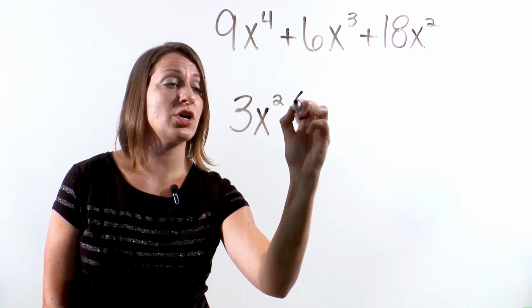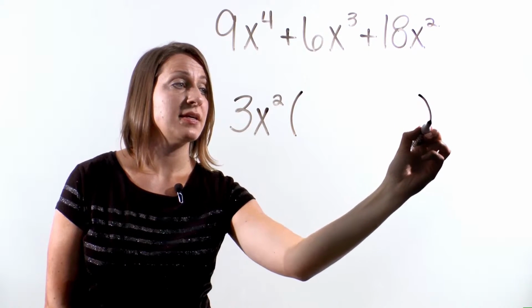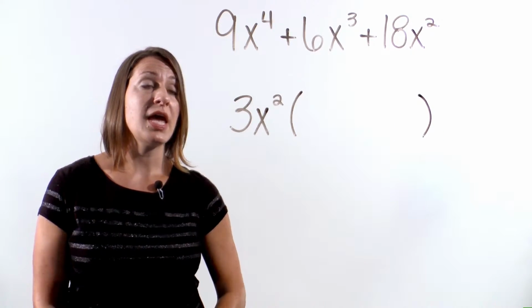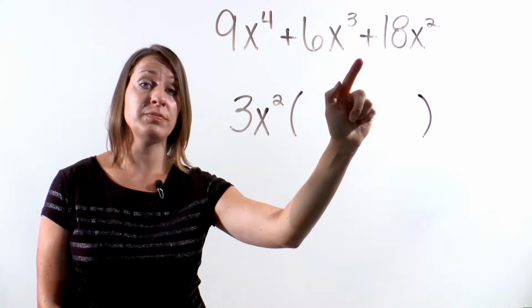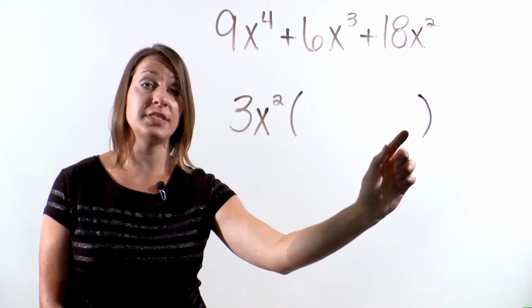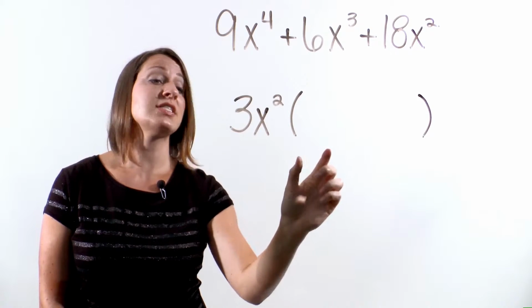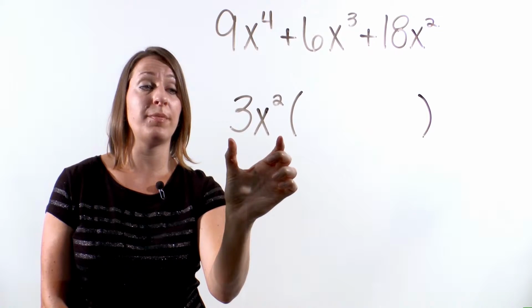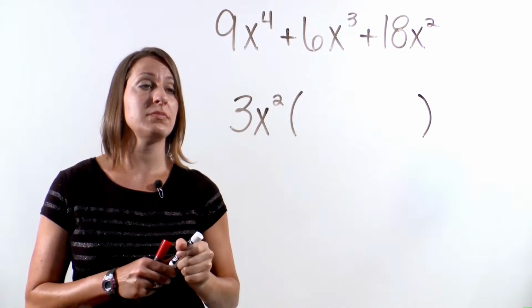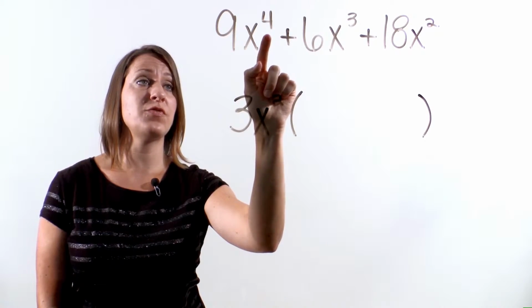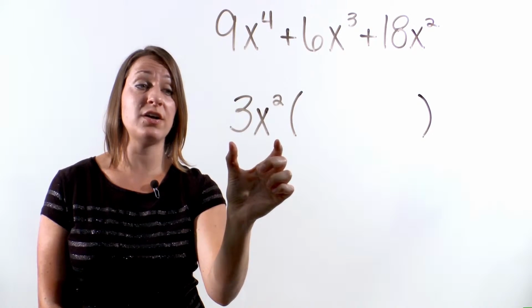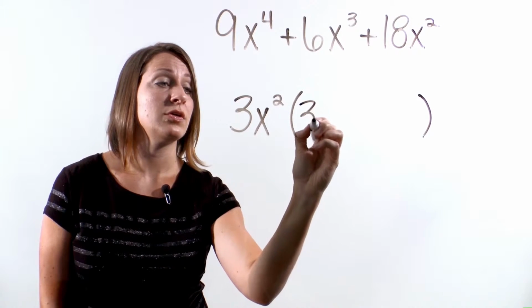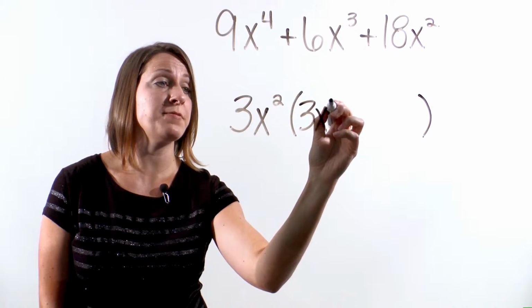Next, we're going to draw a set of parentheses that for this problem symbolize multiplication. And we're going to rewrite our trinomial inside the set of parentheses, what it looks like after we've divided out the first part of our multiplication problem. If you take 9x to the 4th and you factor out 3x squared, you're left with 3x squared.